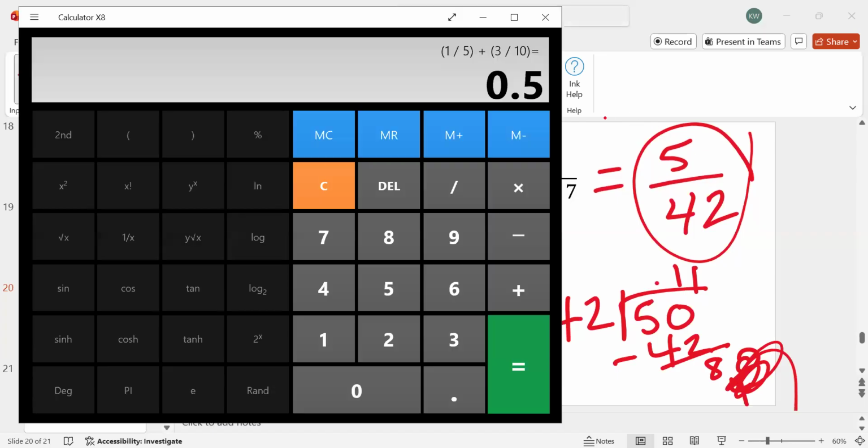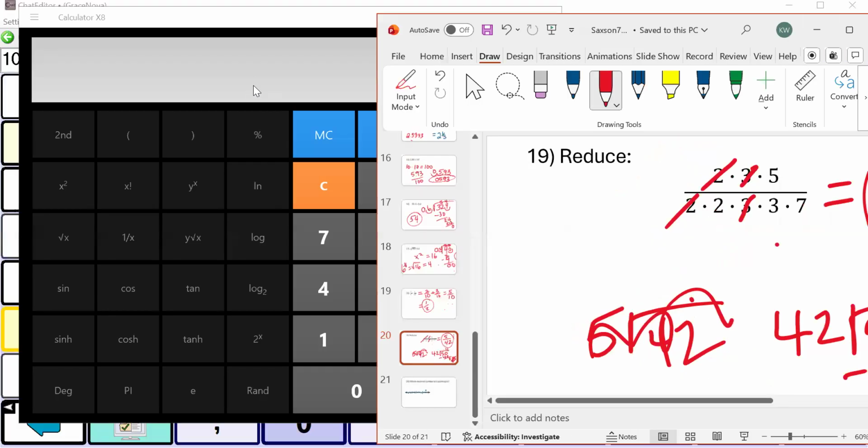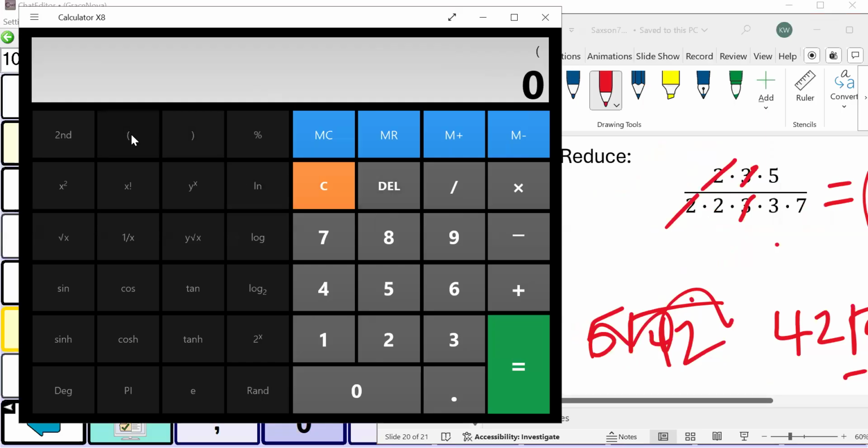So if we plug this in here, let's see what the original was. Just to check. So in the numerator, we got a parentheses, 2 times 3 times 5, and parentheses, divided by the denominator, parentheses, 2 times 2 times 3 times 3 times 7, we get 0.119047.